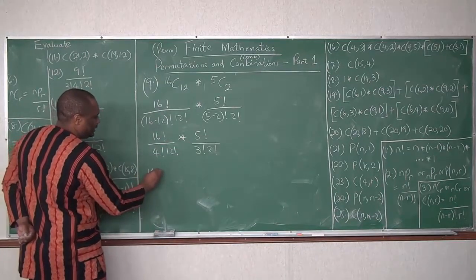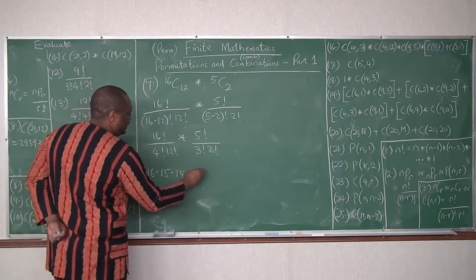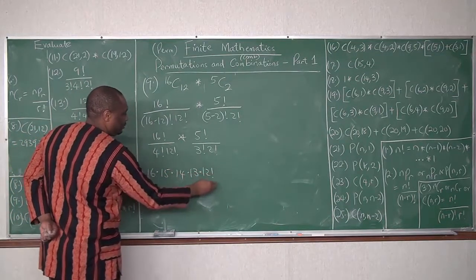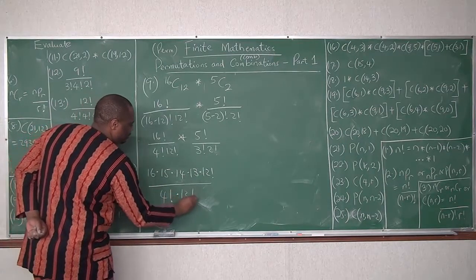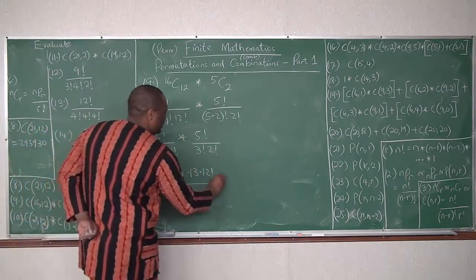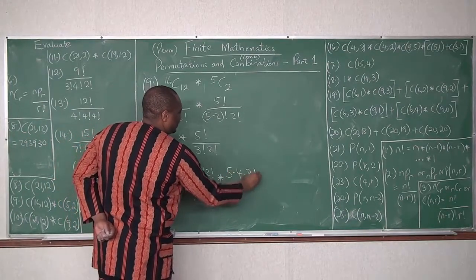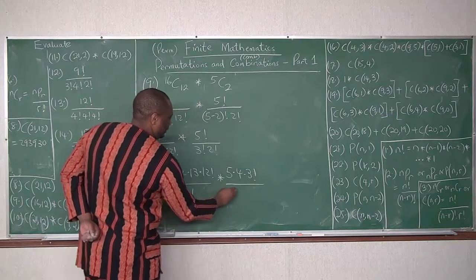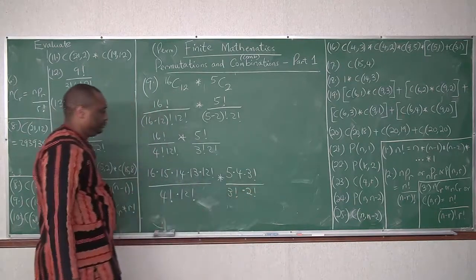So this is 16 times 15 times 14 times 13 times 12 factorial over 4 factorial times 12 factorial, then times 5 times 4 times 3 factorial over 3 factorial times 2 factorial.